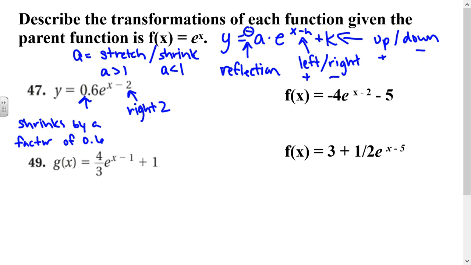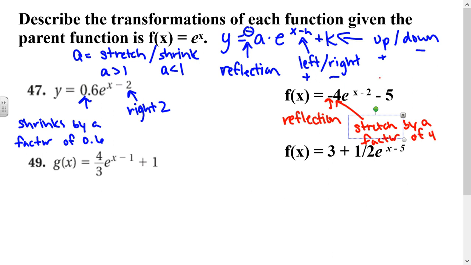All right, let's get a different color and do the next one. For this one, we have a negative in the front, so the negative means that there is a reflection over the x-axis. The negative 4 means, I'm sorry, not the negative. The negative is a reflection. The 4 is greater than 1, so it's going to stretch by a factor of 4.